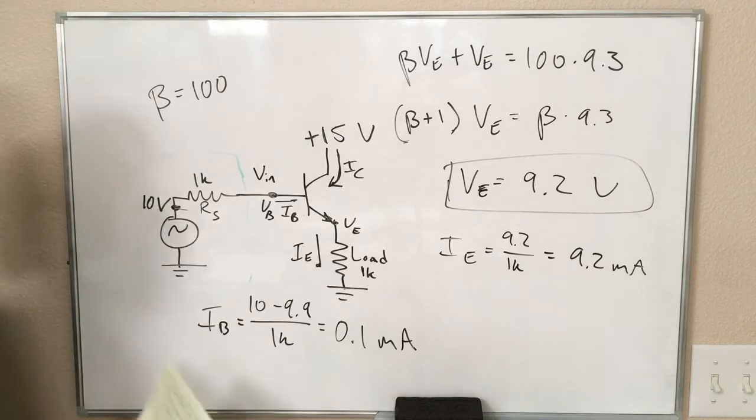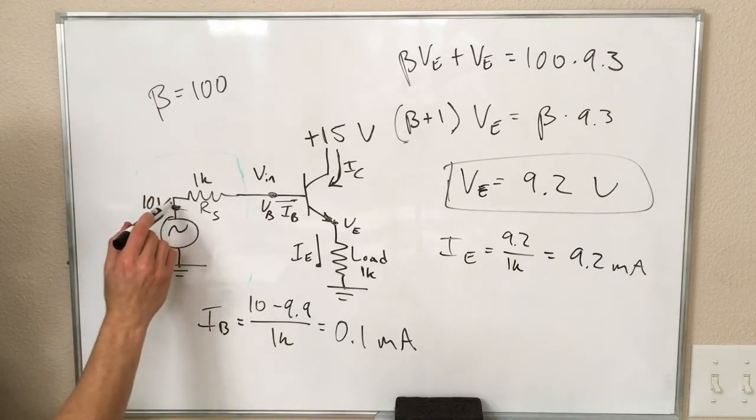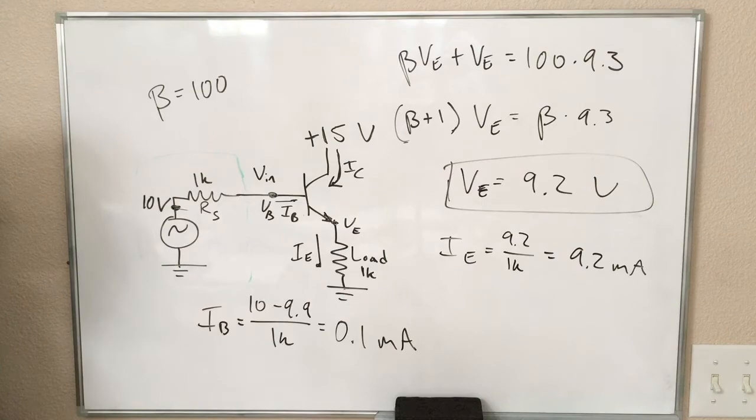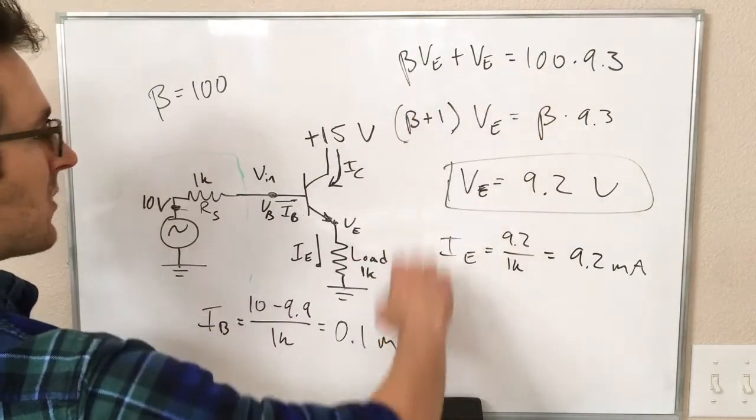So we did this analysis assuming this voltage is 10 volts. So what happens if we change this value of 10 volts? All of our analysis, I've kept this up here.